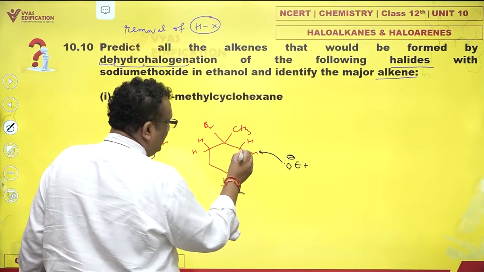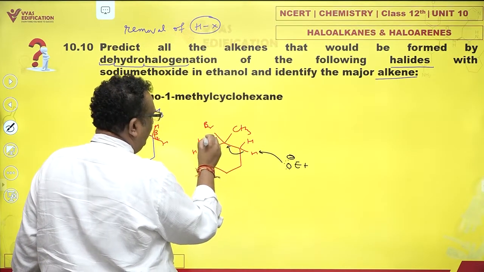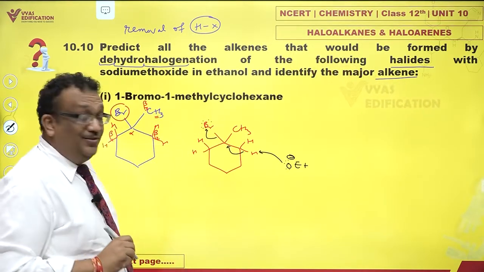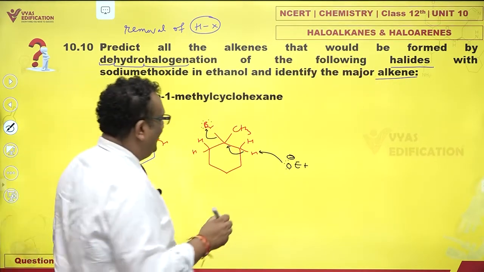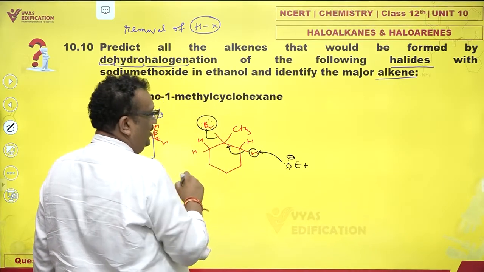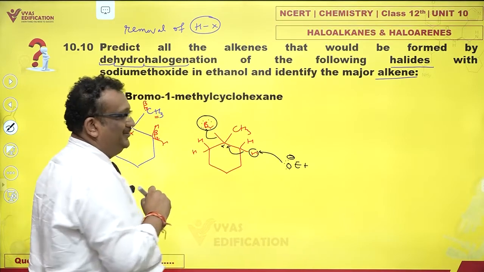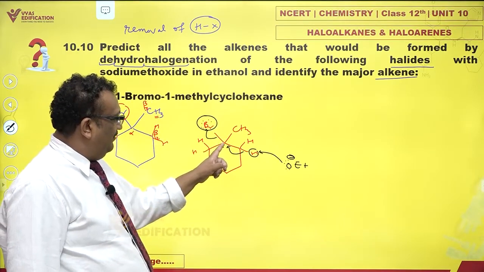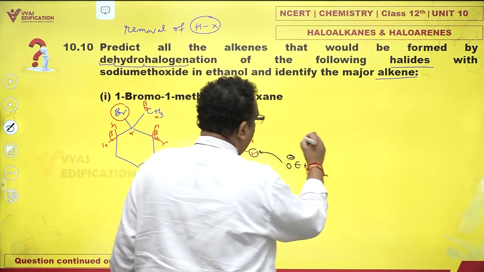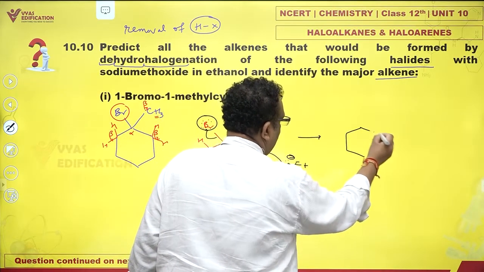This hydrogen leaves its electron pair, which comes here, and it pushes out the halogen like this. So this is the beta hydrogen, this is the leaving group, and this is the alpha carbon. What do you get? You get an elimination product like this.